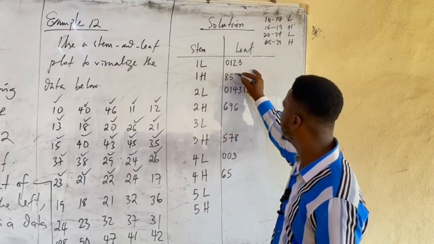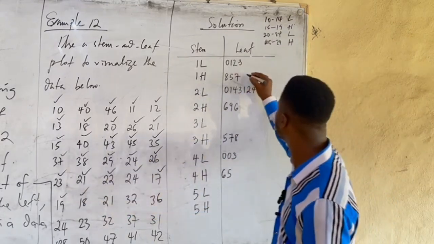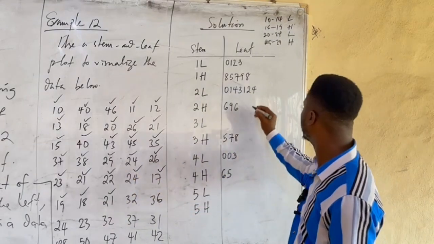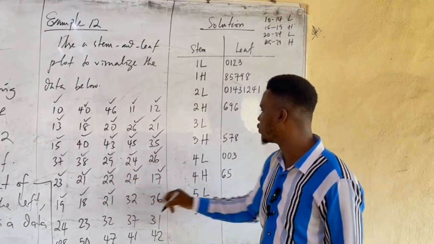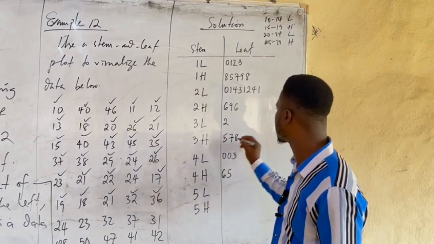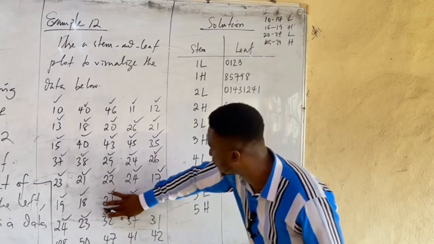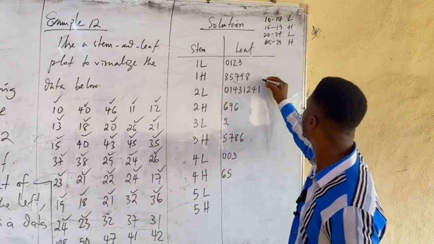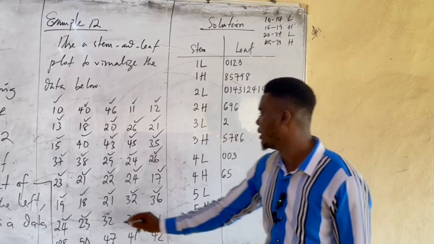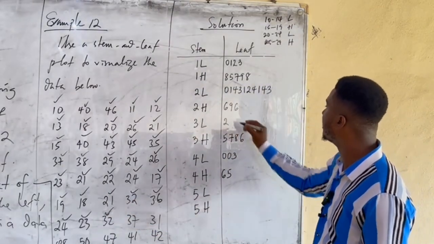Then 17, 1 high. 19 and 18. You see it? 21, 32, 3 low. 36, 24, 23, 24, 23. That is 24 and what? 23, right? 32. 32 is what? 3 low.